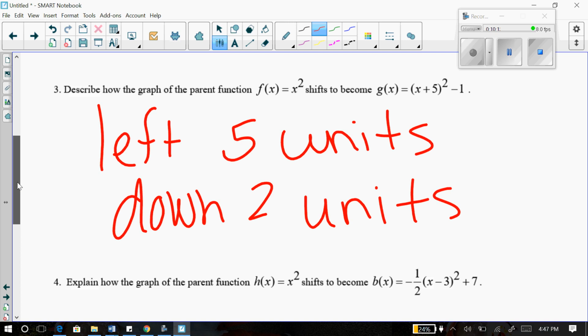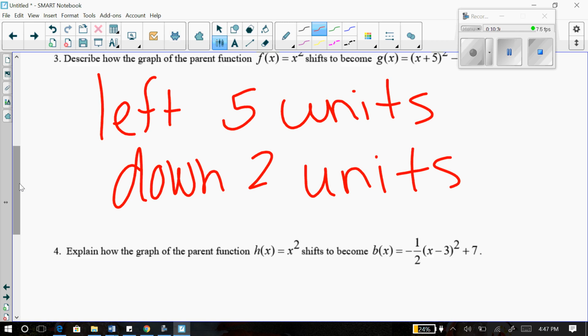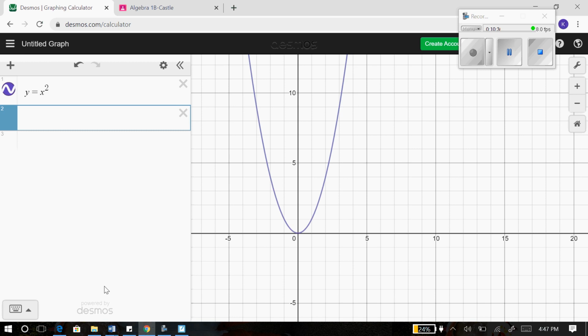On your homework, make sure that you state if it got wider or narrower, if it moved left or right, if it went up or down, and which way if it opens a different way. I'll show you what that means because in a second, this one's going to do all of those different things. So let's do one more together. So we have y equals x squared.